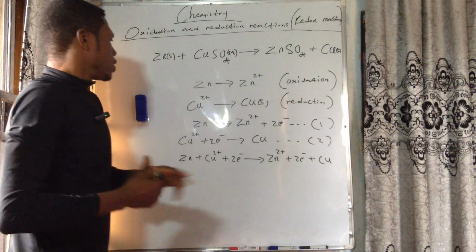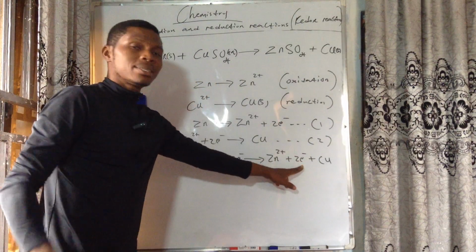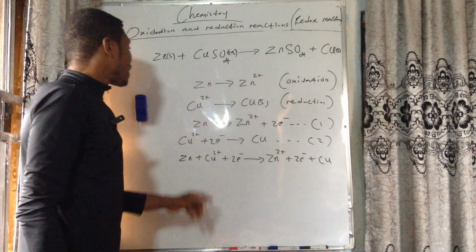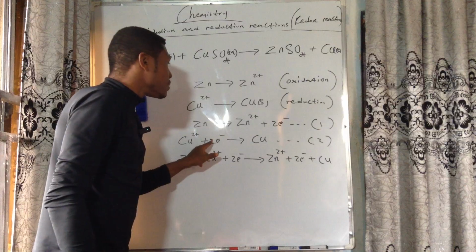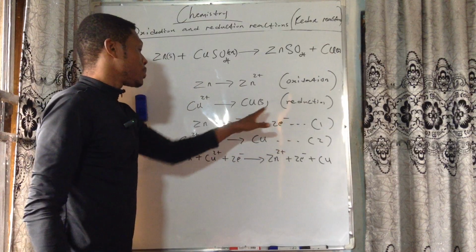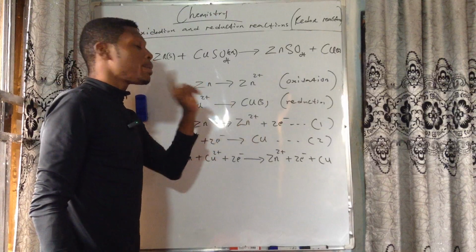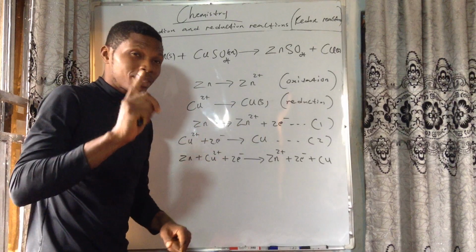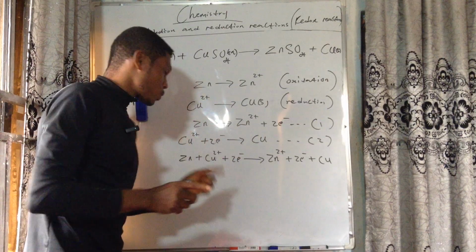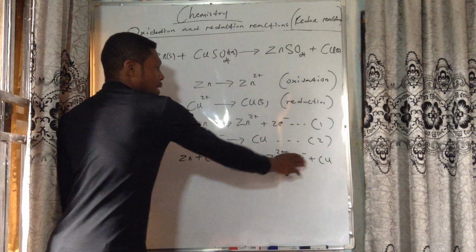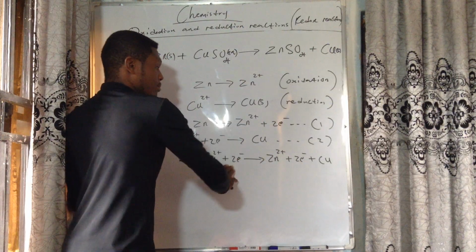Now you see, 2 electrons are here, 2 electrons are here. If you are balancing this, make sure that the electrons in the balanced reduction half-cell are the same as the electrons in the balanced oxidation half-cell. They must be equal. So now you can clearly cancel the electrons because they are on both sides.